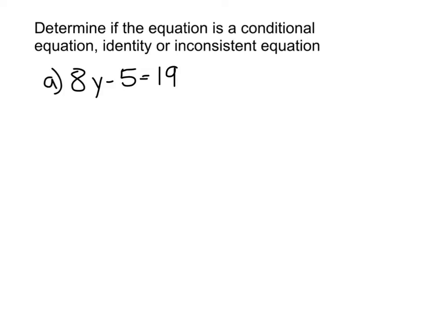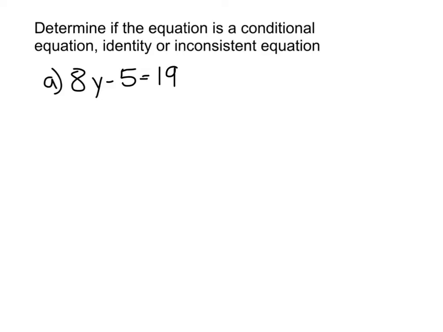And lastly, inconsistent equation is when there's absolutely no answer, no solution, no root to the equation. So we'll do 3 examples and show how you can tell which type of equation you're looking at.